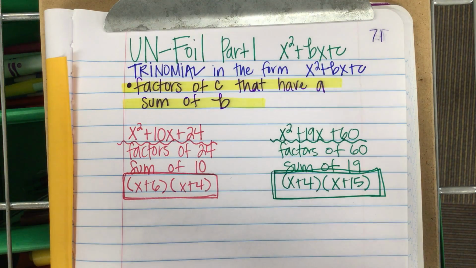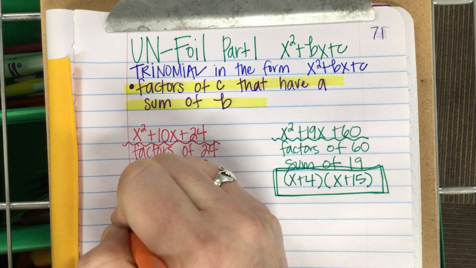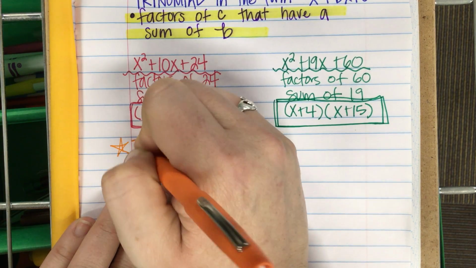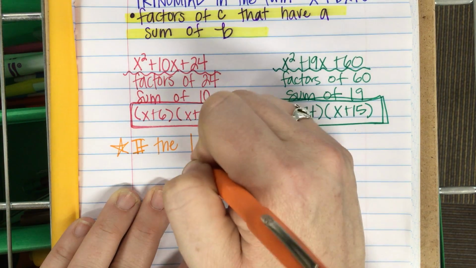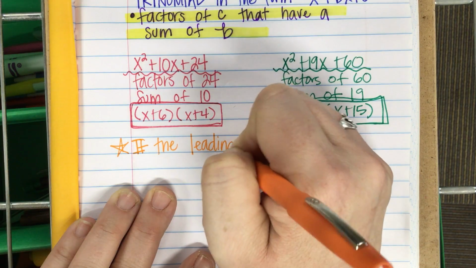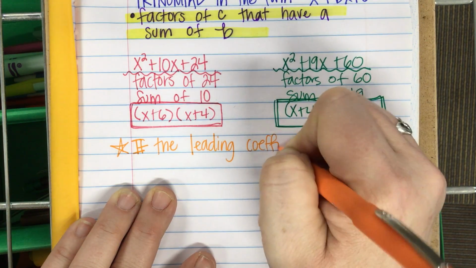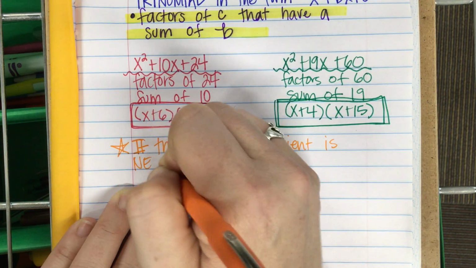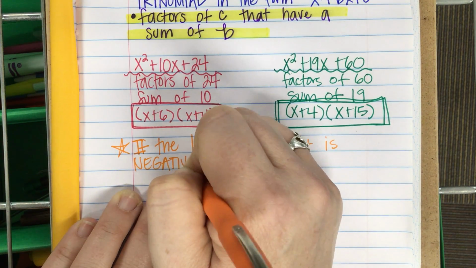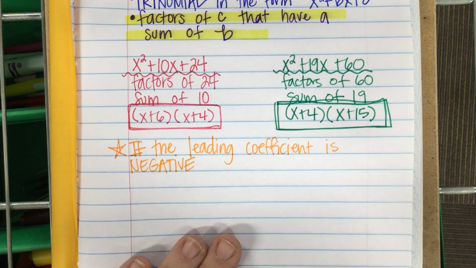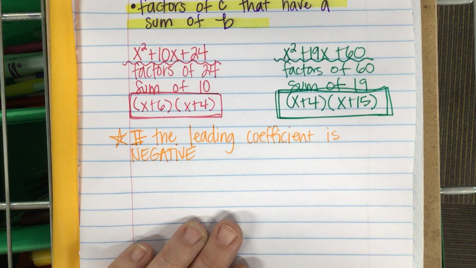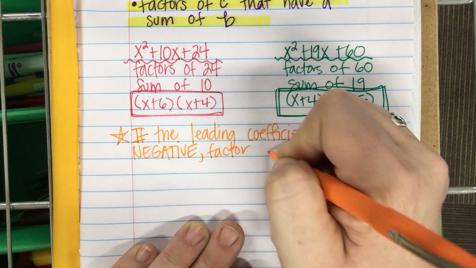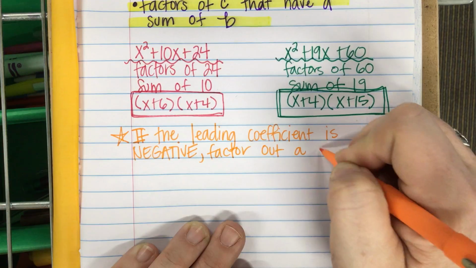So what you need to be aware of, if the leading coefficient is negative, factor out a negative.